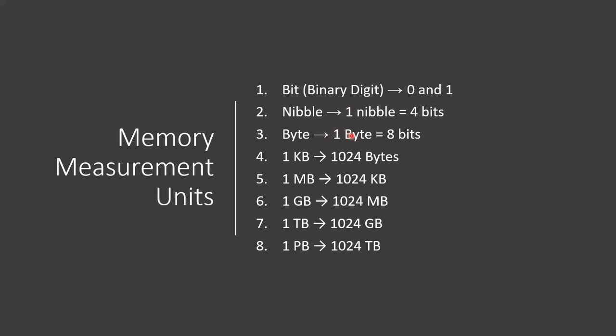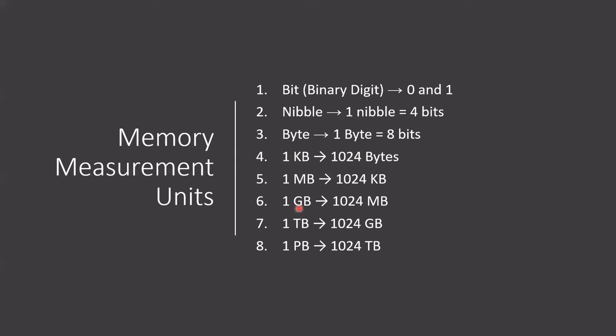Byte: 1 byte is equal to 8 bits, or we can say 1 byte is equal to 2 nibbles. The byte is the smallest unit to represent a letter, like an alphabet letter or whatever letters we have in our oral or written communication.